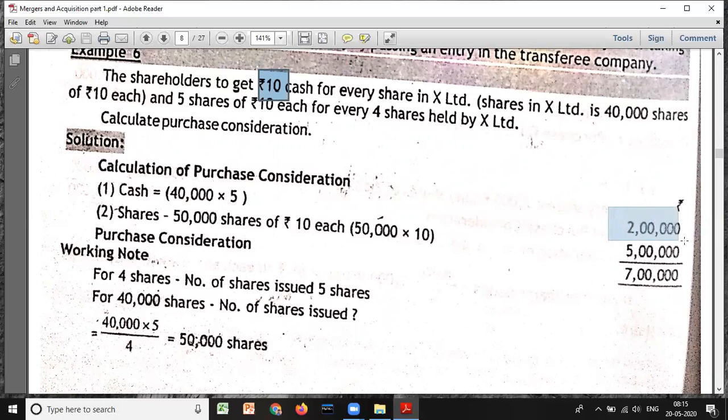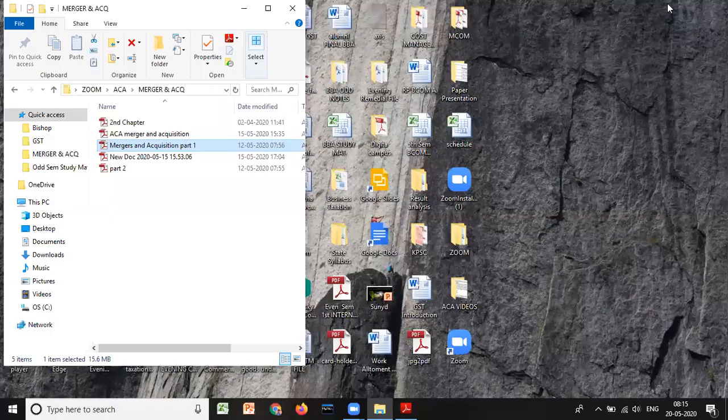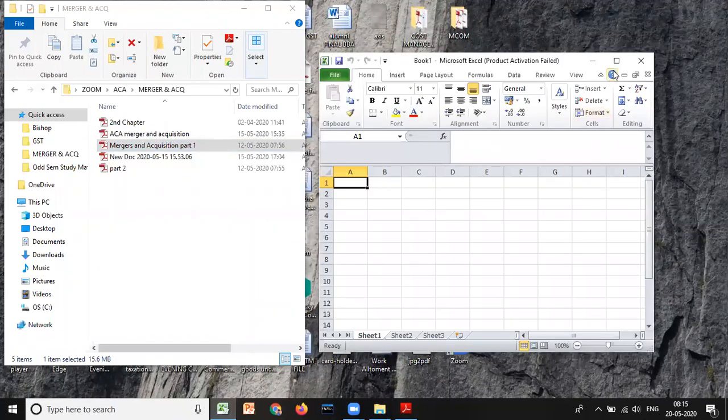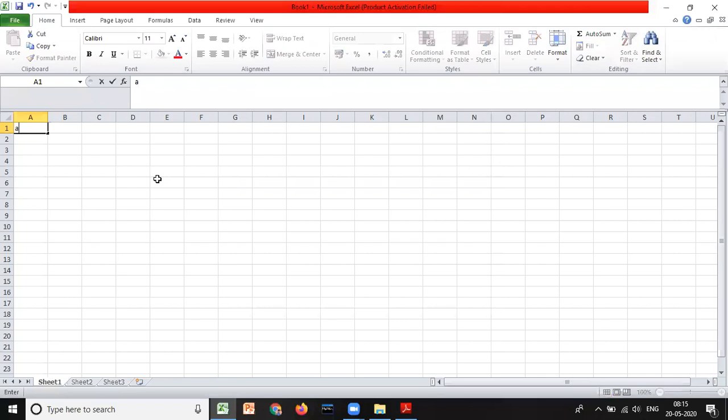See, they have done a mistake here. Please correct this. 40,000 into 10 rupees, it will be 4 lakh. Okay, you have to correct this one also. So, calculation of PC.